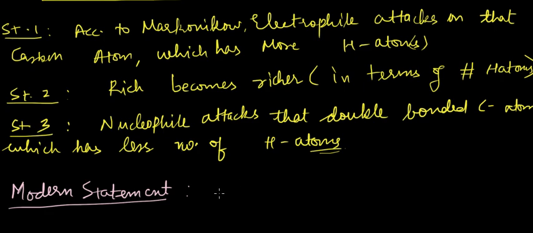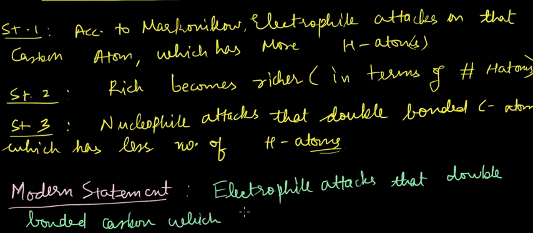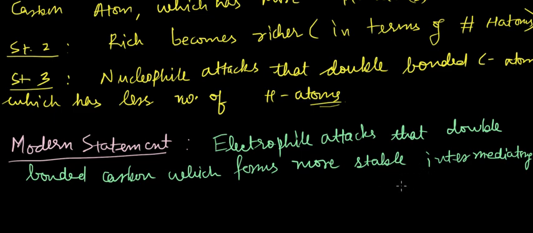So let's write it like this: electrophile attacks that double bonded carbon which forms more stable intermediary carbocation.